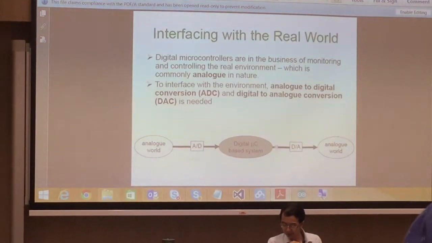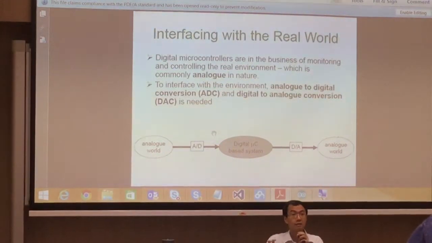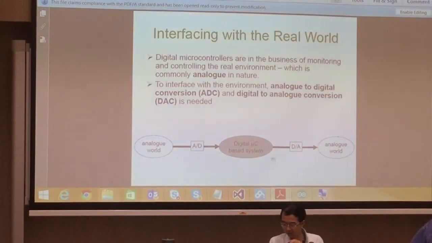This center part is created by human beings, because we need different levels of processing for the signals. For signal processing, digital signals are easier compared to analog signals.